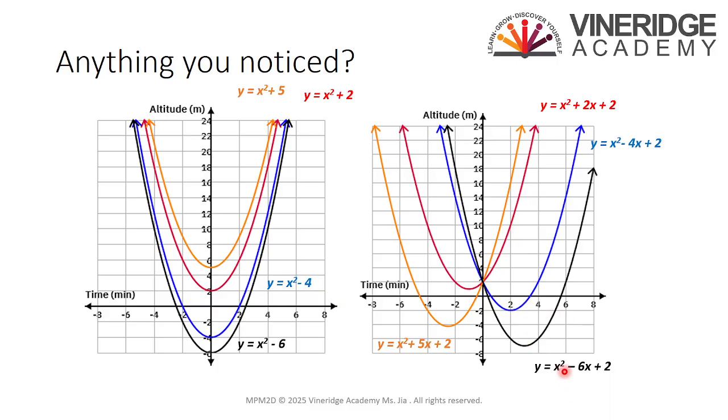What about minus 6x plus 2? As you can see here, all of them intersect at this point, which is (0, 2), right? And this b value is showing how the graph is shifted, either towards the left side or towards the right side, okay?